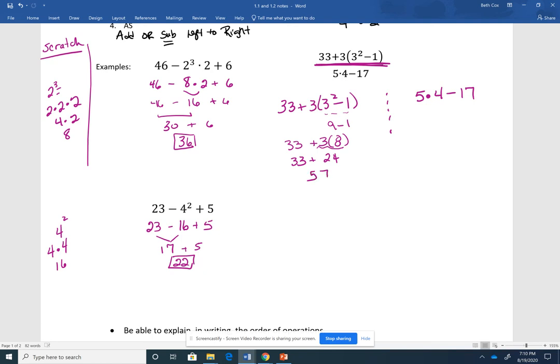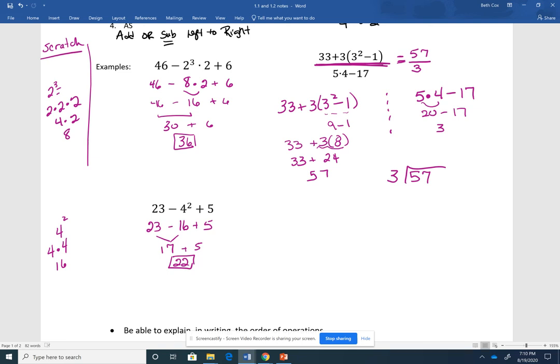Now that's my numerator. Remember, that's my numerator. Now I'll do my denominator. Multiplication first. And then 20 minus 17 is 3, so that's my denominator. And now I'm going to do the division. I have to do 3 goes into 57. You may or may not know how to do it.